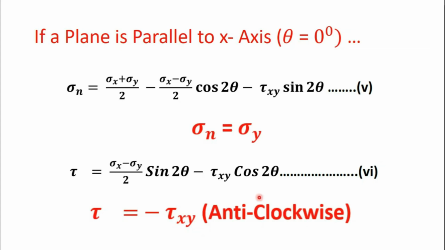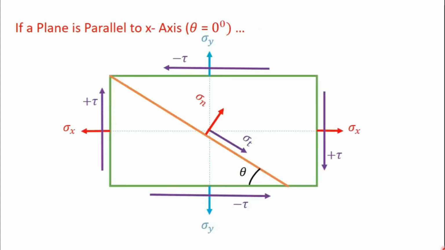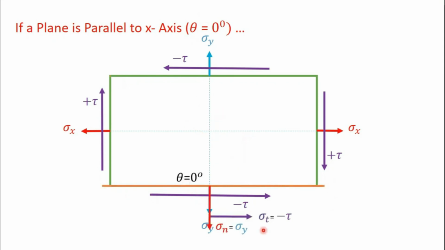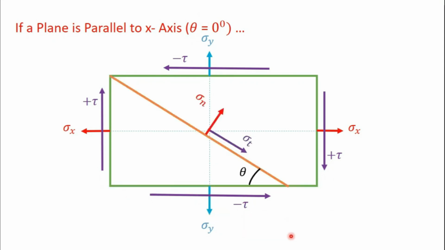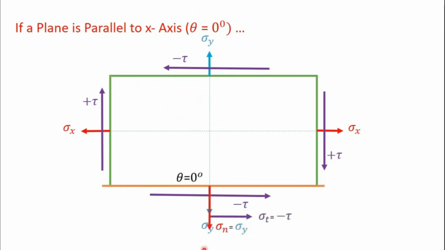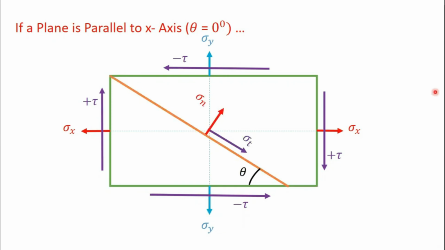So let's check whether this plane is significant or not. If the plane is again parallel to the axis with theta equals 0, since this is the general plane, after putting theta equals 0 we finally get this plane. Now you can see that this is the plane where theta equals 0, and at this plane sigma n equals sigma y and tau equals minus tau, which is the desired result and which we are applying.